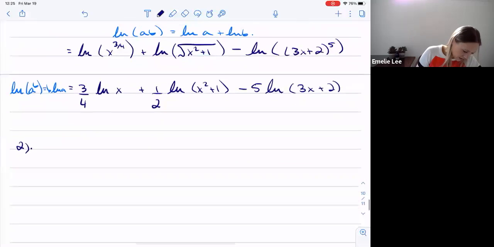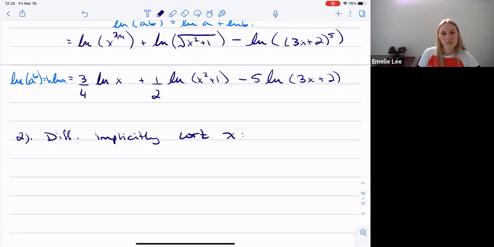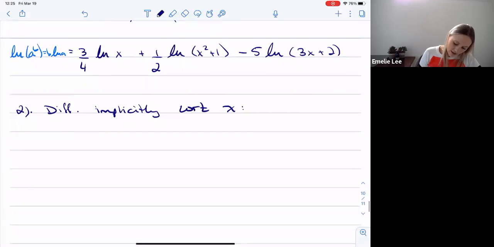Step 2 is to differentiate implicitly with respect to x. So, okay, the derivative of the log of y is 1 over y times y prime.